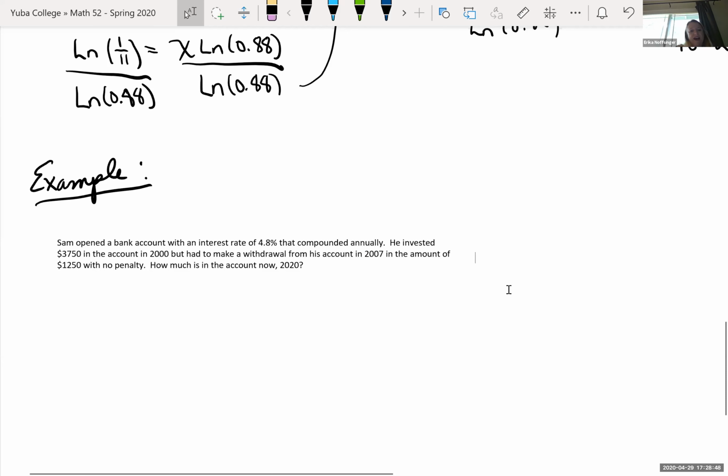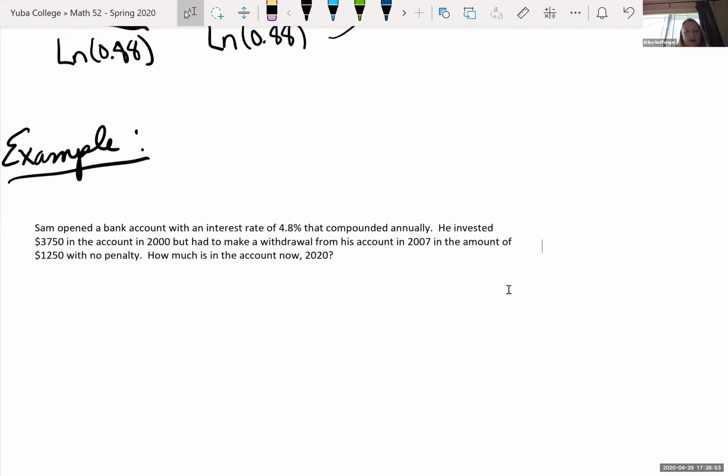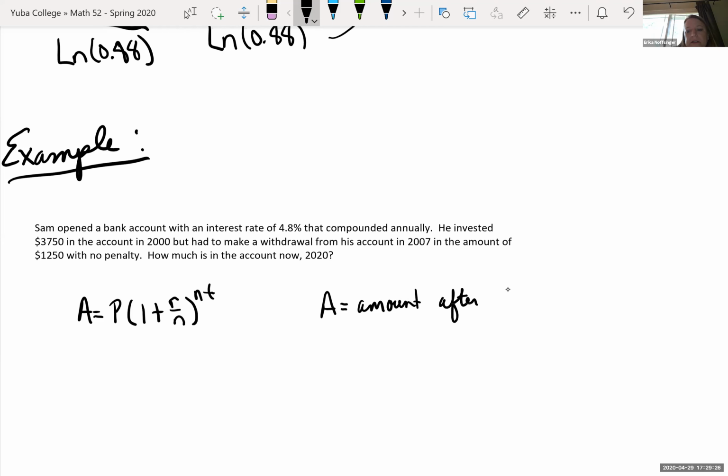Okay, so we got money in an account. And so it's increasing 4.8% compounded annually. So let me just give you a formula real quick. So if we have A is equal to P all times 1 plus R over N raised to the NT. Okay, so A is equal to the amount after T years.